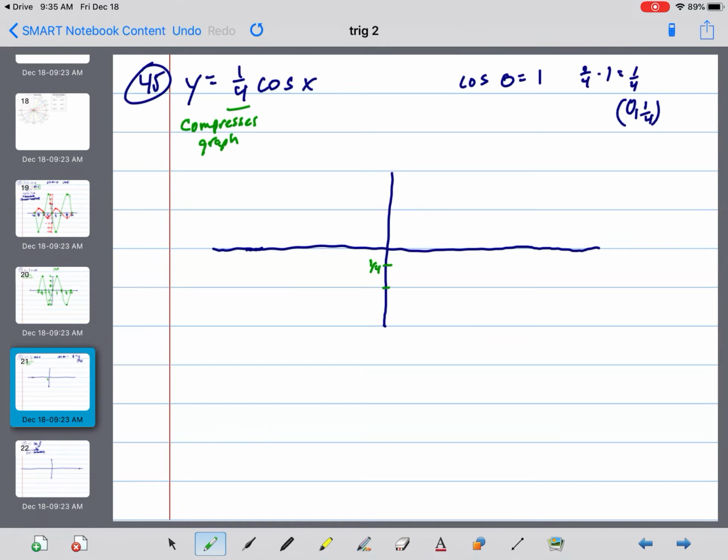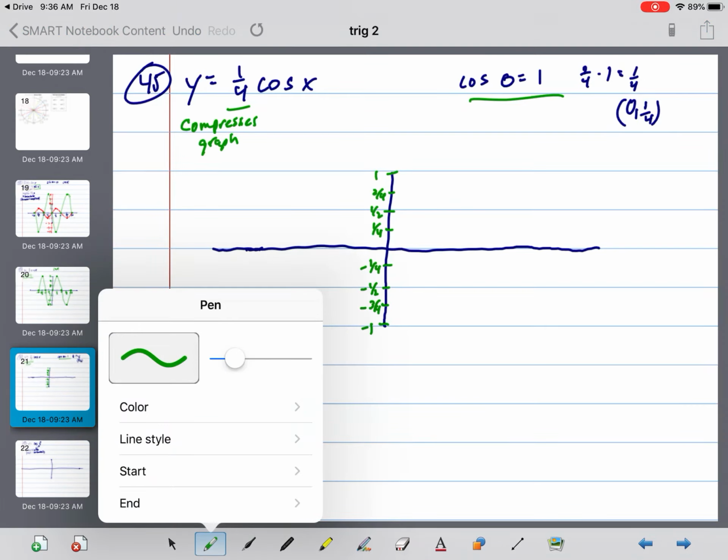Okay, so I'm going to make this -1/4, and then -1/2, and then -3/4, and then -1. Sorry, these are all negative. And this will be +1/4, +1/2, +3/4, and +1.